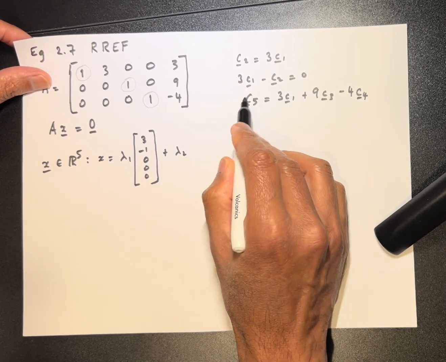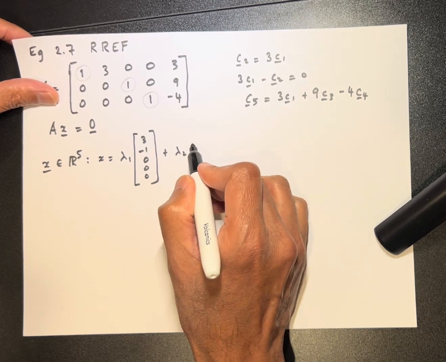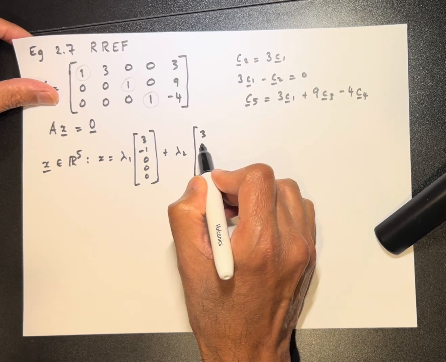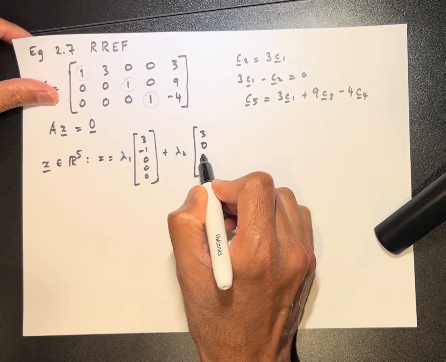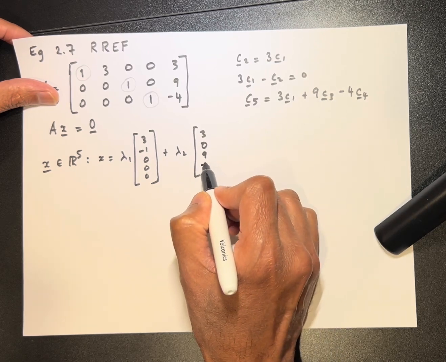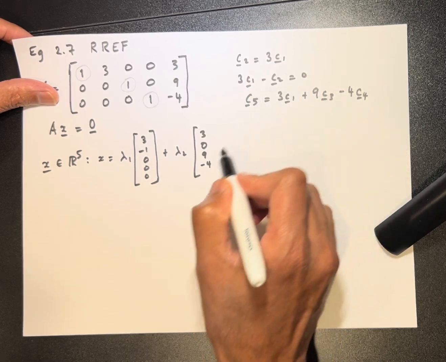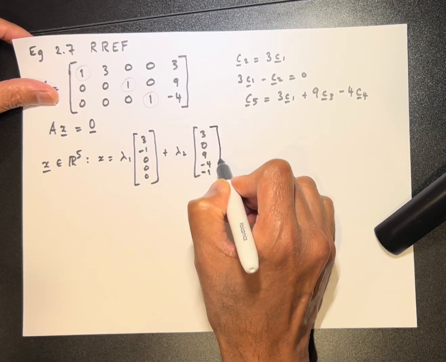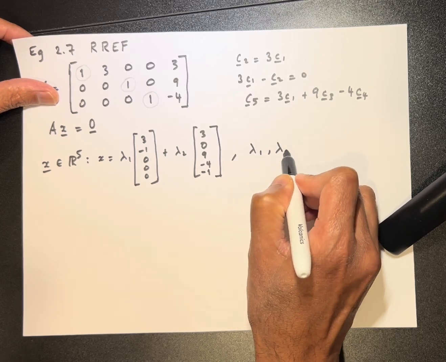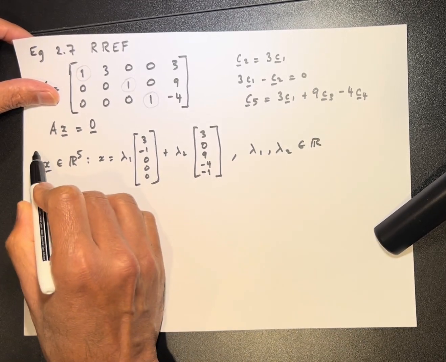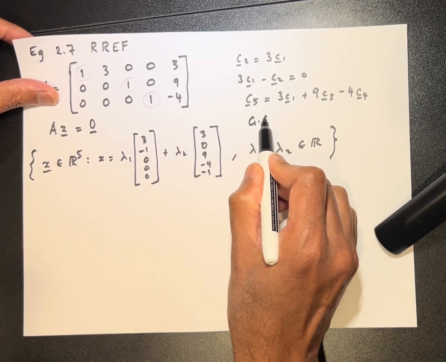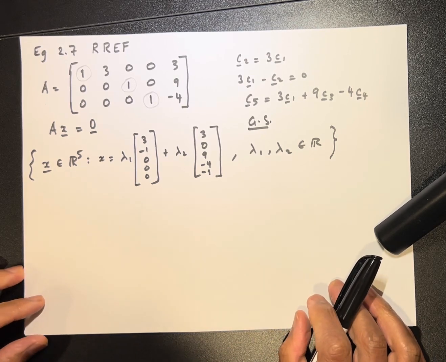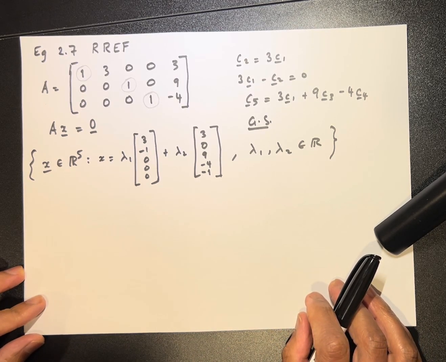Then you take the other side, C5, so this is nothing but 3 times C1, then 0, then 9 times C3, then negative 4, and this goes to that side, so that becomes negative 1, with lambda 1, lambda 2 in R. So this is the general solution for Ax equal to 0. Hopefully that was clear, and I'll see you in the next video.